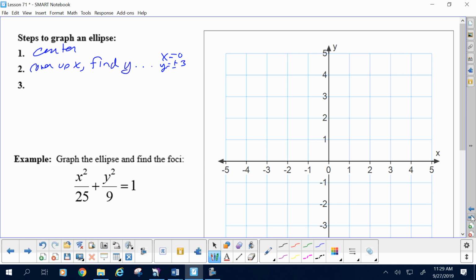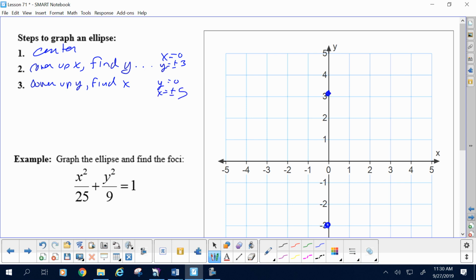Graph those points. When X is 0, Y is 3 or negative 3. In other words, the number under the Y tells you how far to go in Y, up and down. Then cover up the Y, find X. If Y is 0, then this term wouldn't be there, and X would be plus or minus 5.